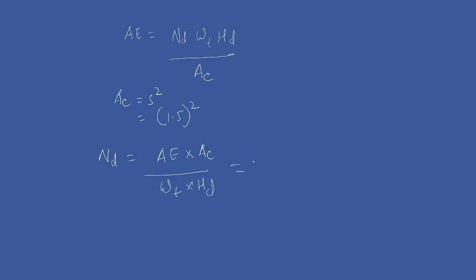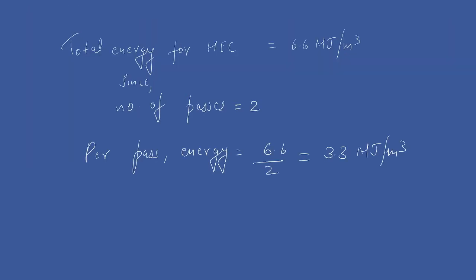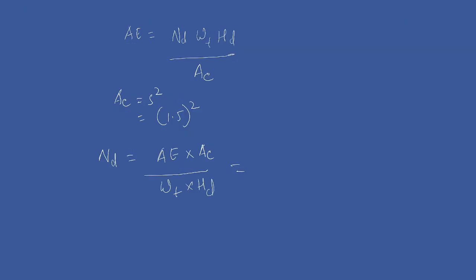So the applied energy, the high energy compaction energy, we know it's 3.3 megajoule, so we'll convert it into 1000 kilojoule.